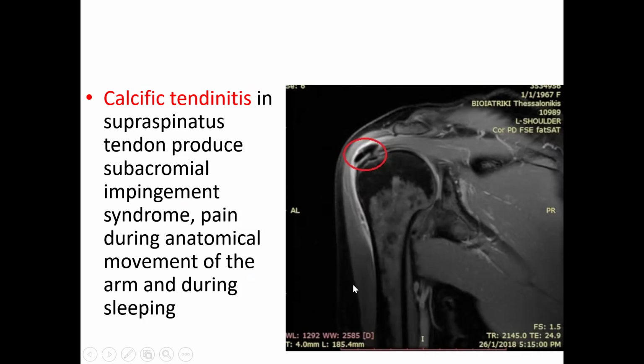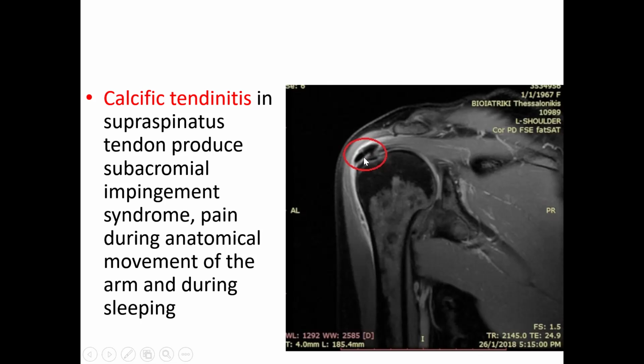Similarly, the MRI can also be used to assess calcific tendonitis, because we can see here this is the humeral head and this is the tendon of the supraspinatus, which is gray in color, but we can see a black spot, and that is actually the calcific deposition inside the tendon.